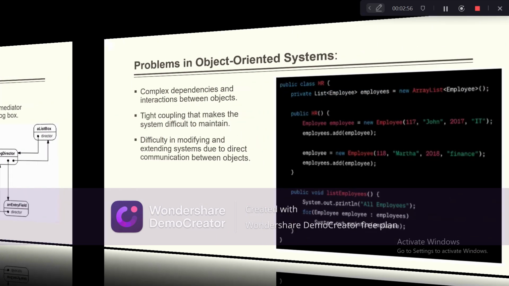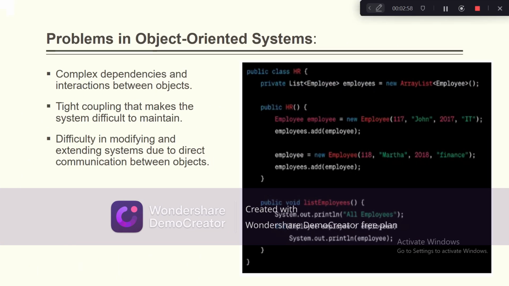As I told you, in object-oriented programming, objects communicate with each other directly, but other problems are complex dependencies and interaction between objects, and tight coupling that makes the system difficult to maintain, and difficult to modify and extend due to direct communication between objects.